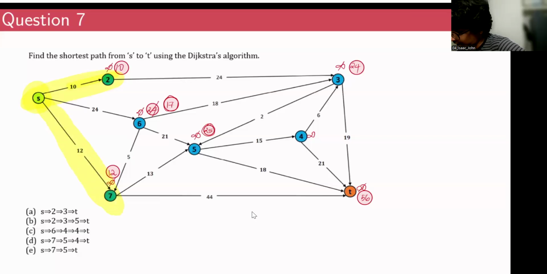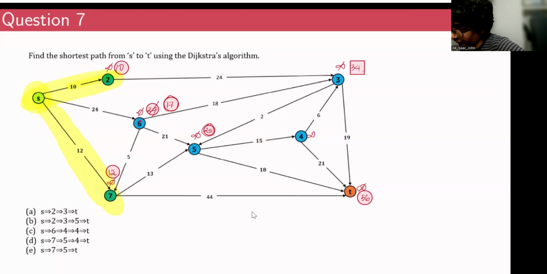All right. Now, which node has the least cost? I think I probably might have made a mistake. This is not 24. We expanded it from node 2, right? So this is 10 plus 24, that is 34 actually. Now we see the node which has the least cost, that is node 6, right?